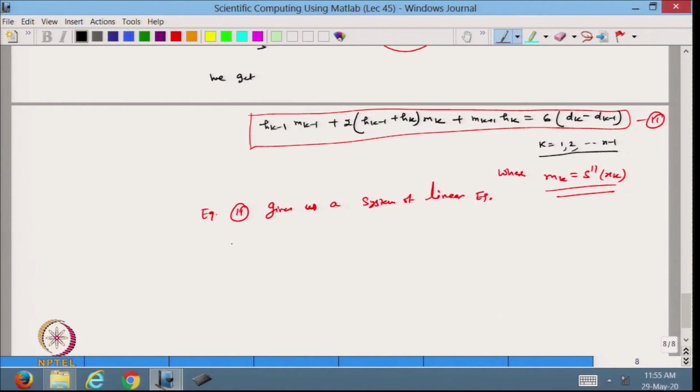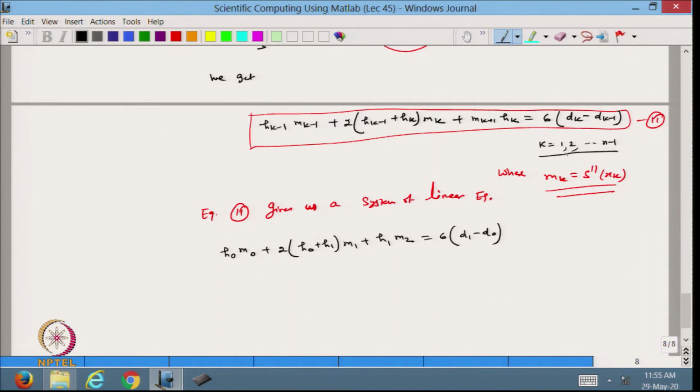If I take k is equal to 1, it will be h0 m0 plus 2 times h0 plus h1 m1 plus h1 m2, and that will be equal to 6 times d1 minus d0. So this quantity is known to me. On the right hand side this quantity is known.